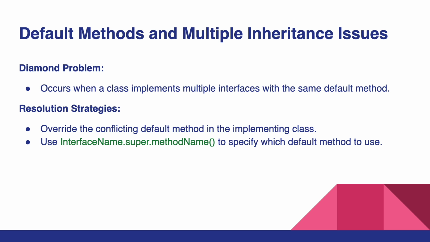One challenge with default methods is dealing with the diamond problem, which occurs when a class implements multiple interfaces that define the same default method. Java provides a straightforward resolution. You can override the method in the implementing class to resolve the conflict or specify which interface's default method to use with the interface dot super dot method name syntax.